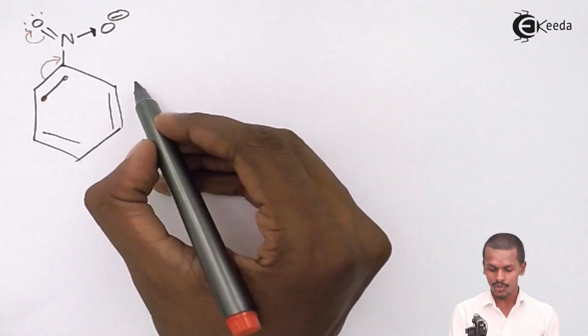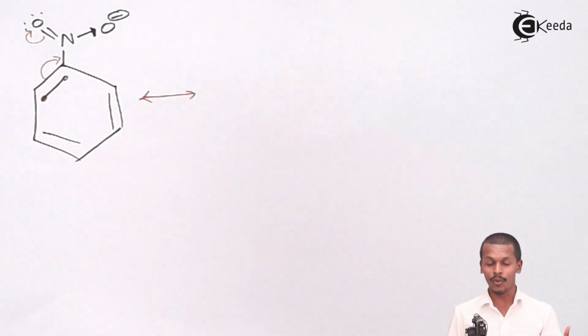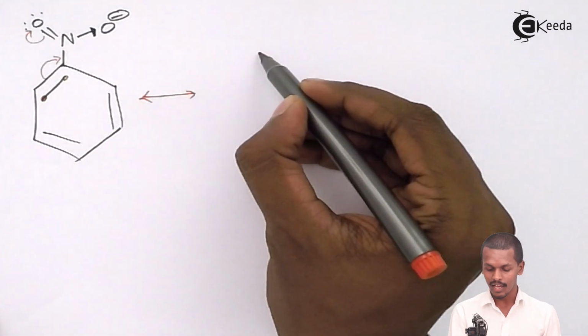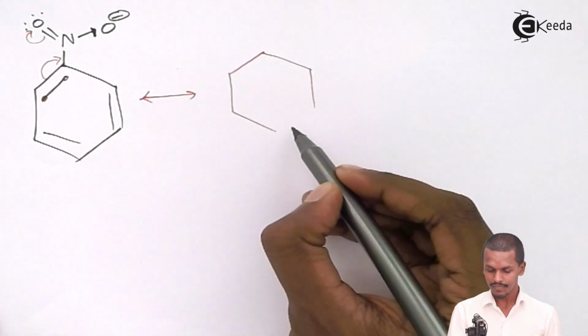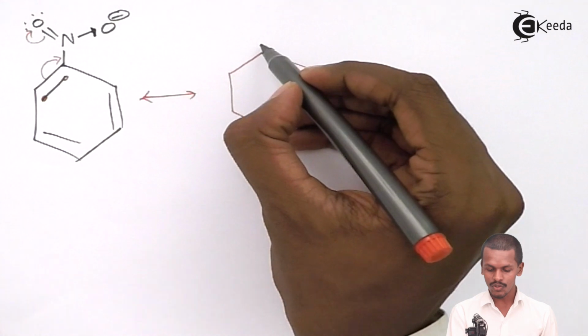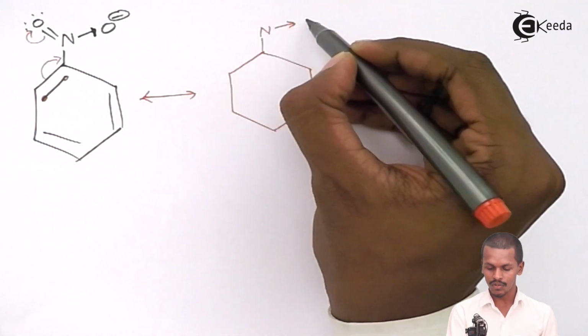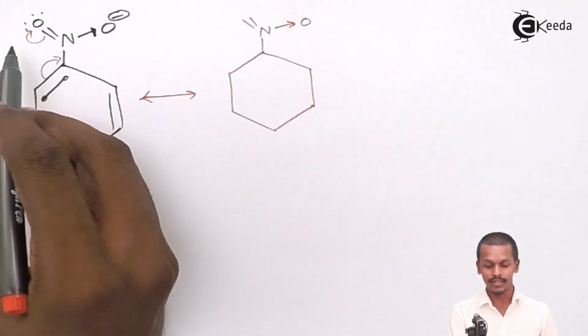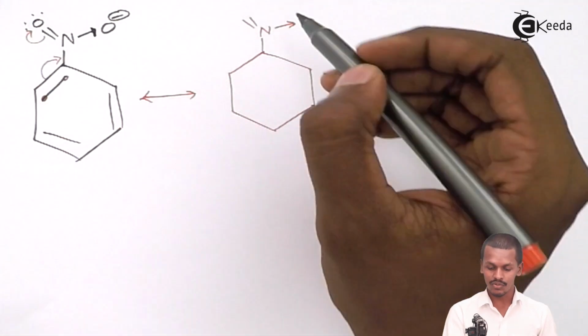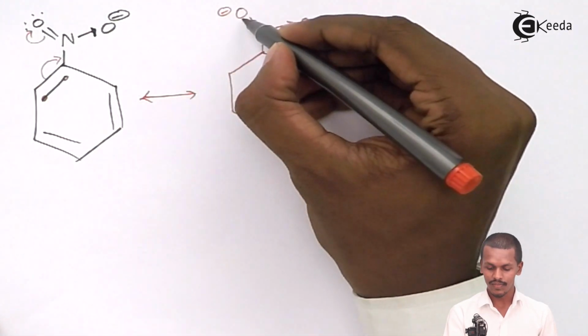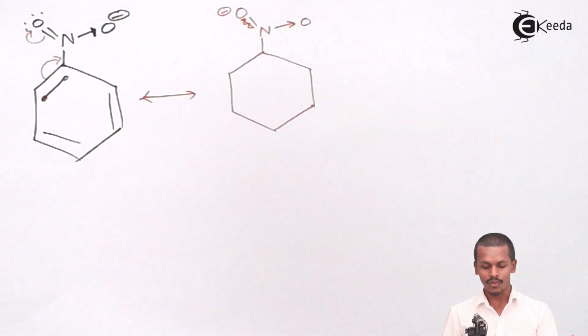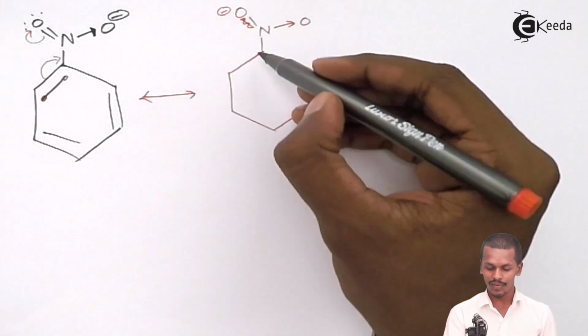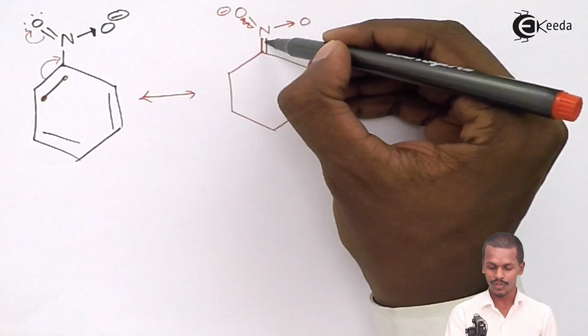The hybrid structures that are going to be formed are here because of the nitrogen present and because the oxygen has a negative charge. So we could write it in this way. This negative charge has gone onto the oxygen atom, making a double bond form. That is what I am observing over here.